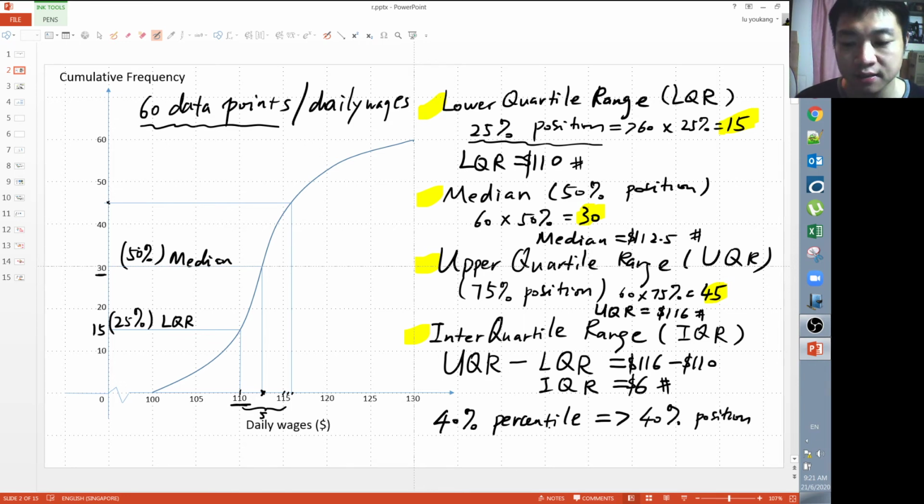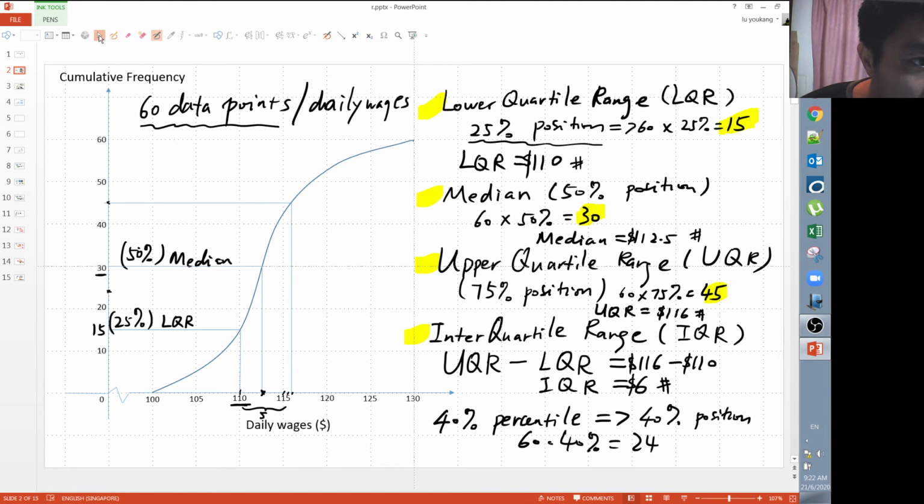So 40% on our vertical axis is 60 times 40%. So that would be 24. So our job is to find out where 24 is on the vertical axis, right? So this is 20, 21, 22, 23, 24. Here.